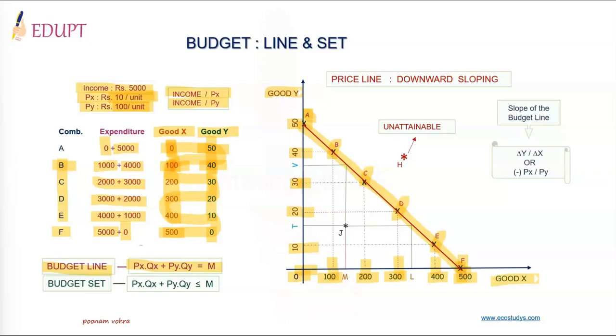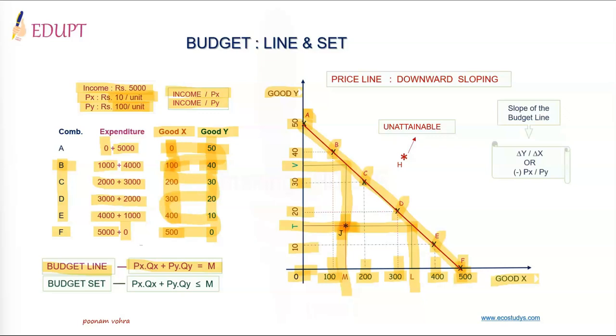Such a situation is exhibited by point J, which shows that the consumer buys OM of X and OT of Y, whereas he could have purchased OL of X and OV of Y. It shows that any point below the budget line is attainable and exhibits savings. All the combinations on the budget line cost the consumer exactly his income.